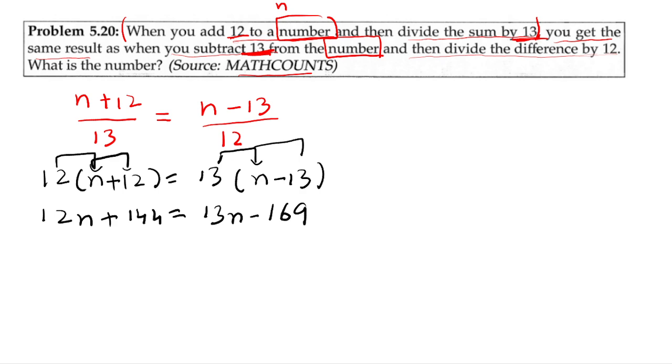Now we have to find n. To isolate n, we will subtract 12n on both sides.